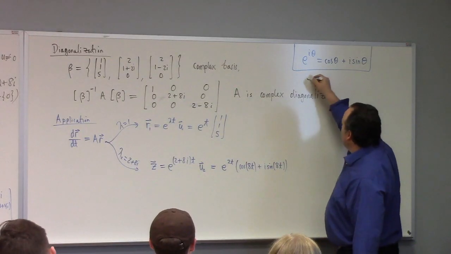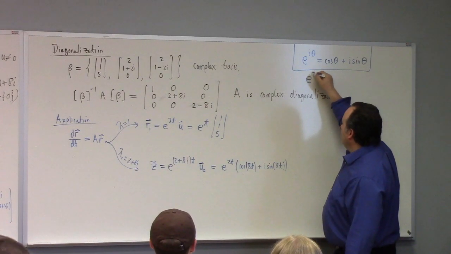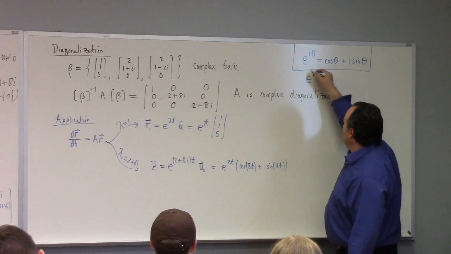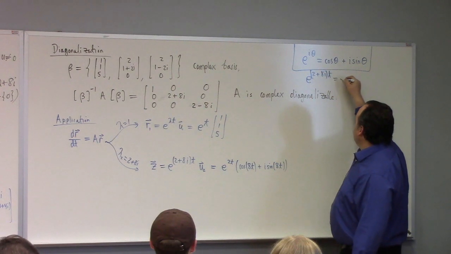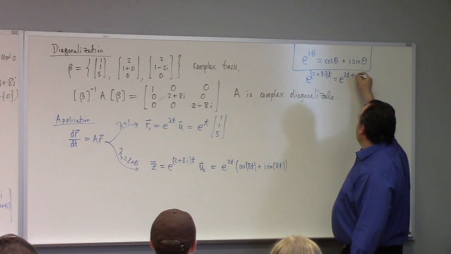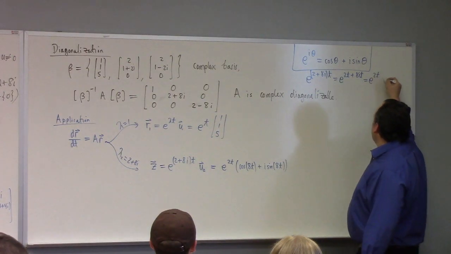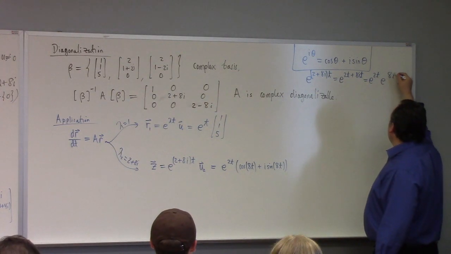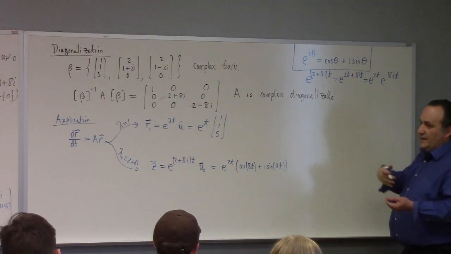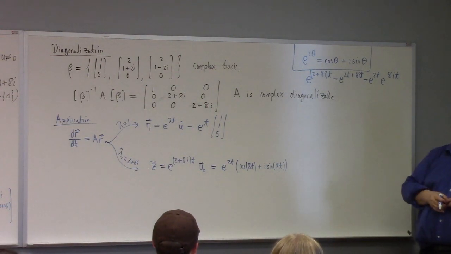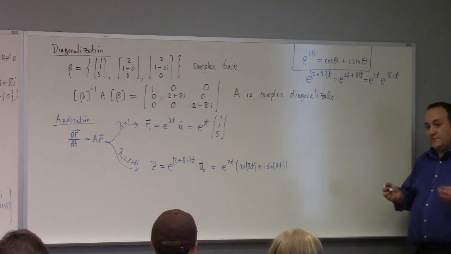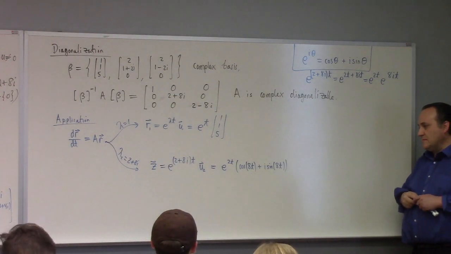So e to the 2 plus 8i t is equal to e to the 2t plus 8it, which is equal to e to the 2t times e to the 8it. And then what I did is just put theta equals 8t there, okay? So this is Euler's formula. This is the imaginary exponential.